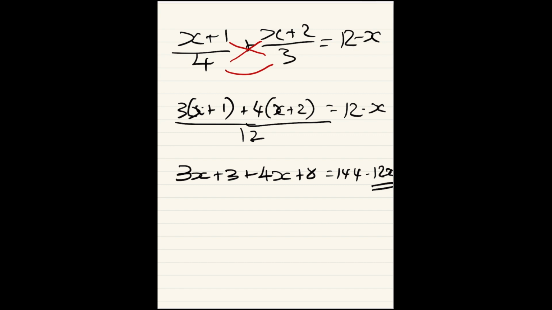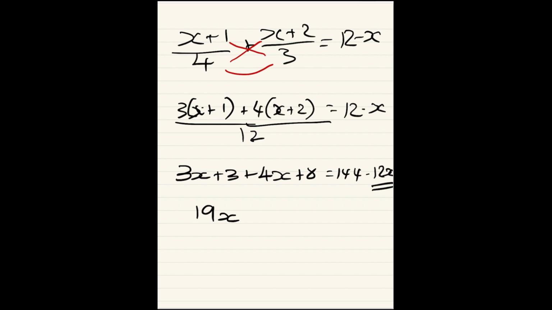So I've got 7x, add an extra 12x, makes 19x. And then I've got the 3 and the 8 to make 11. And I'm going to be subtracting that from 144.